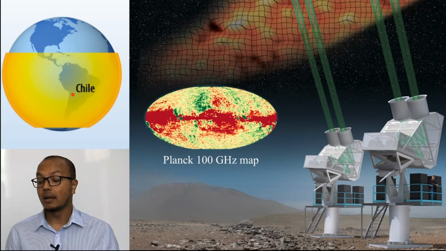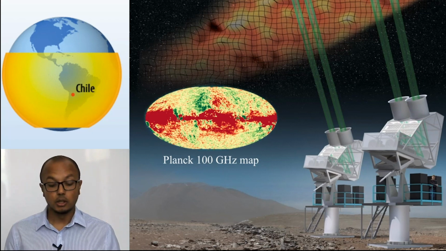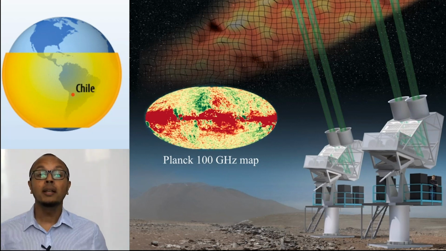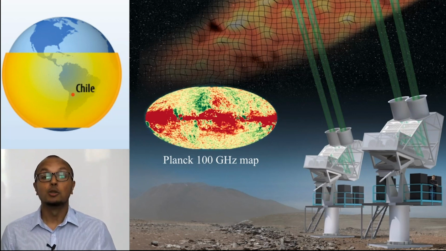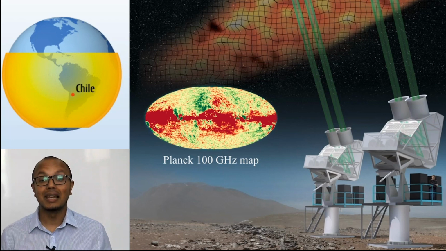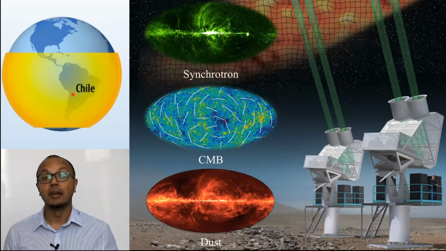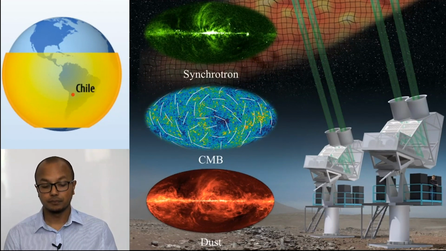This is a Planck satellite's map at 100 gigahertz. This is due to the contamination from galactic foregrounds. One of the main challenges to detect primordial gravitational waves is removing the galactic foregrounds from our map, in our case, mainly dust and synchrotron emission.